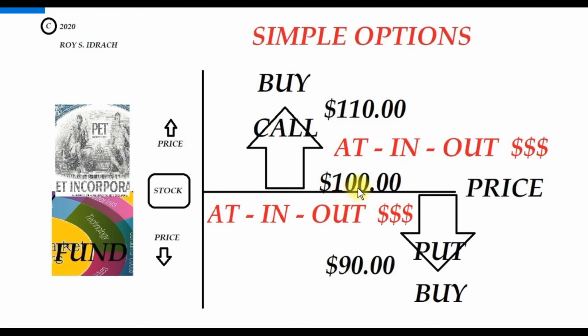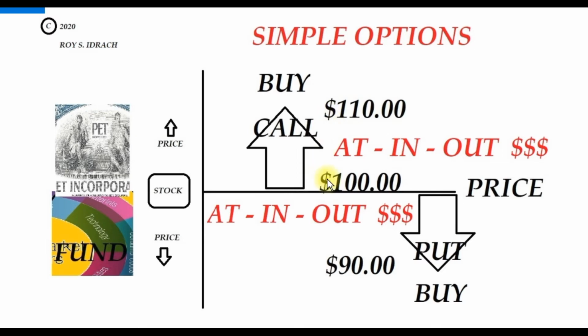That would be $5 in the money. Or you can buy higher than 100, which would be like 110. Then you're buying out of the money. In order to make any money, the price of the stock has to be above 110.